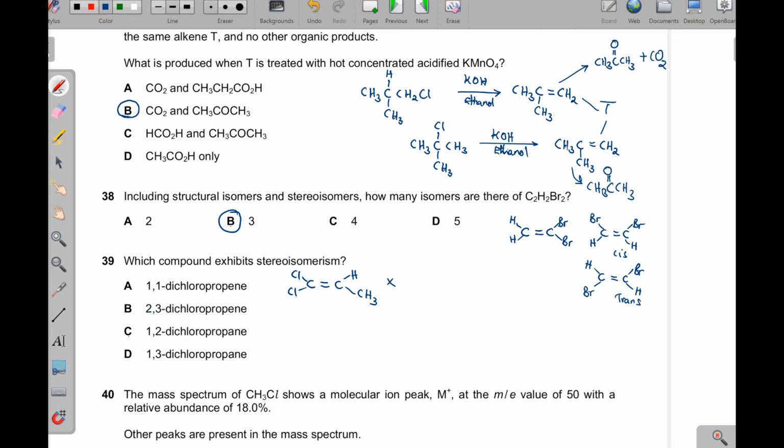Then we go to B, 2,3-dichloropropene. If I just bring this one here, 2, and then 3. So I'm going to put chlorine here, and then I put a hydrogen here. So there is a hydrogen here, and then there is a chlorine here. Dichloro, 2 and 3.